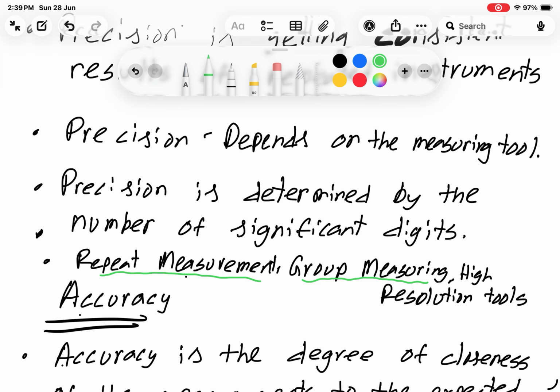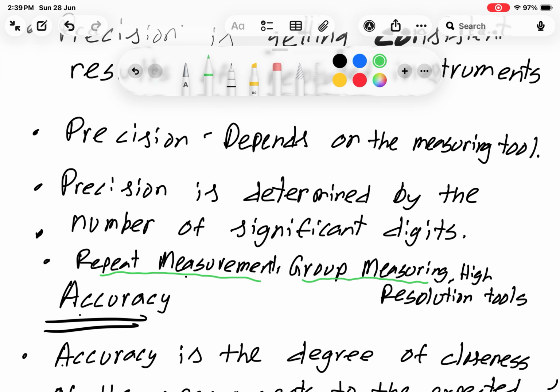Then you can use high resolution tools. That means you can use a screw gauge or vernier calipers instead of a ruler to measure the distance. So, you can see it mainly happens when you have better tools.